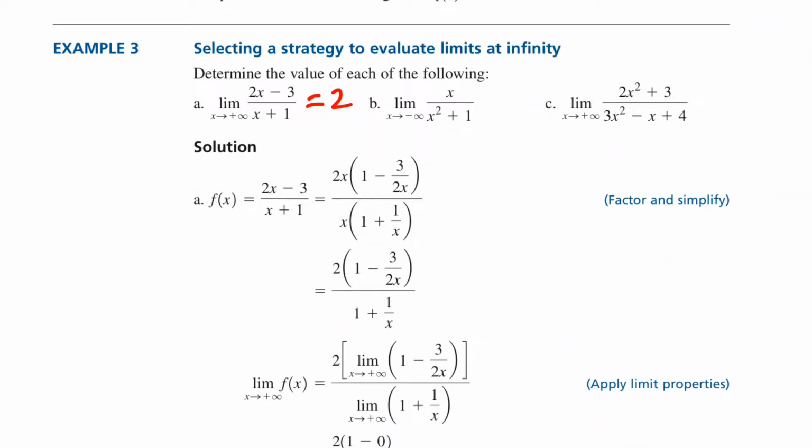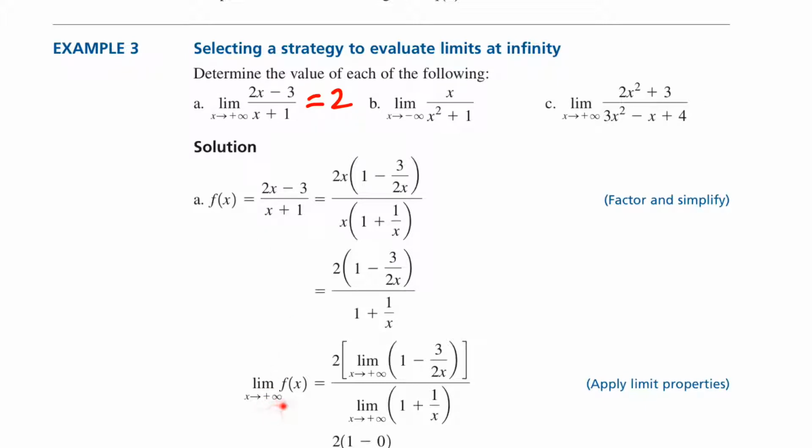Let's find the limit of 2x minus 3 over x plus 1 as x approaches positive infinity. If we consider the dominant term of the numerator and denominator, we see the limit is 2. To show this in more detail, we divide both the numerator and denominator by x.